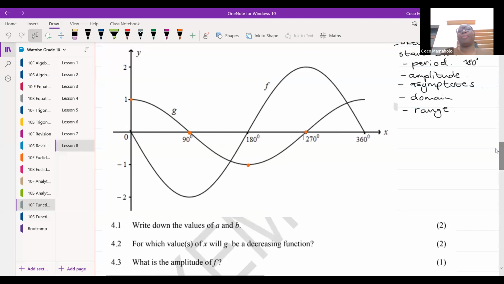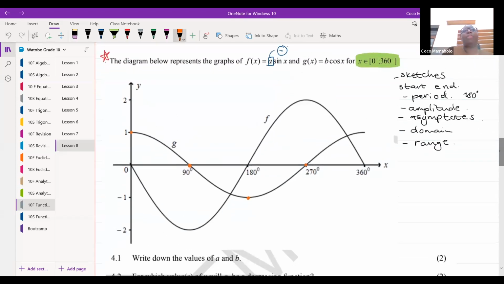It says here, 4.1, write down the values of A and B. Let's go back to our graphs and look. We figured out what A is. We know that A needs to be negative, and our graph has been stretched. How much has our graph been stretched by, guys? What is the value for A?